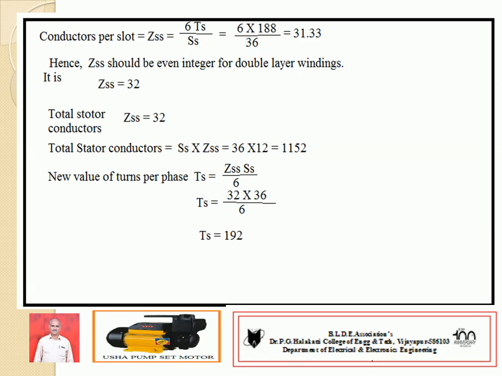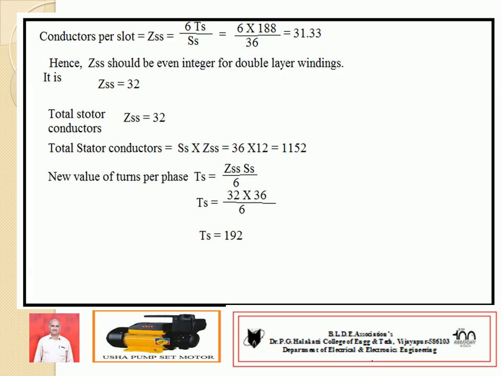How many phases? 3 phase. Hence, it becomes 6 times TS. So, 6 TS divided by 36, and I am going to get 31.33.